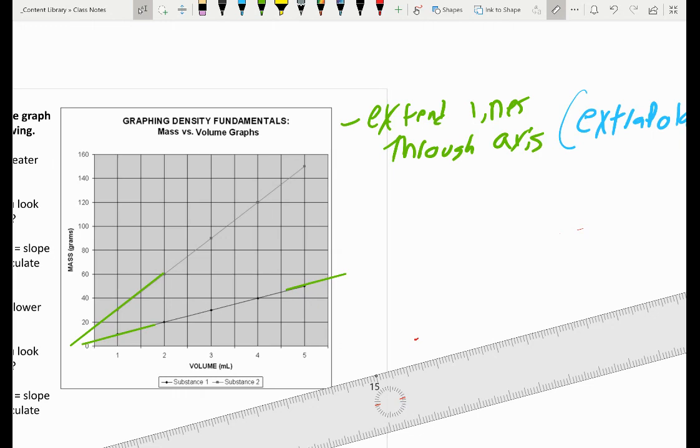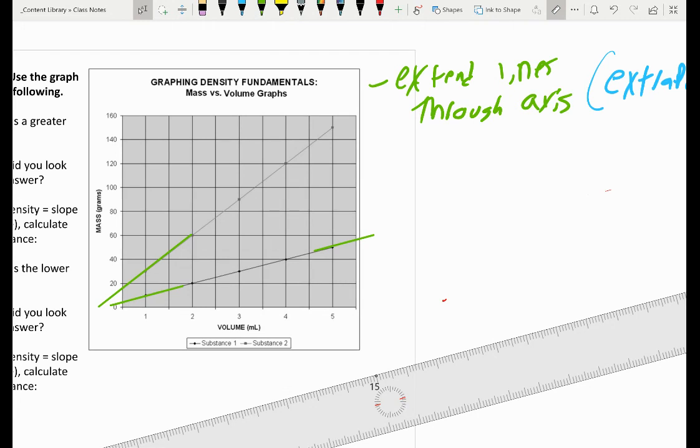Now, other thing that I'll say before we get to the answers to these questions is, what else do I see with this graph? I look at it and I say, okay, well, for one thing, let's label this. This is going to be substance 1, and this is substance 2. But when I look at it, everything seems to be good label and title-wise, numbers, but when I look at the lines, what do I see as a problem?